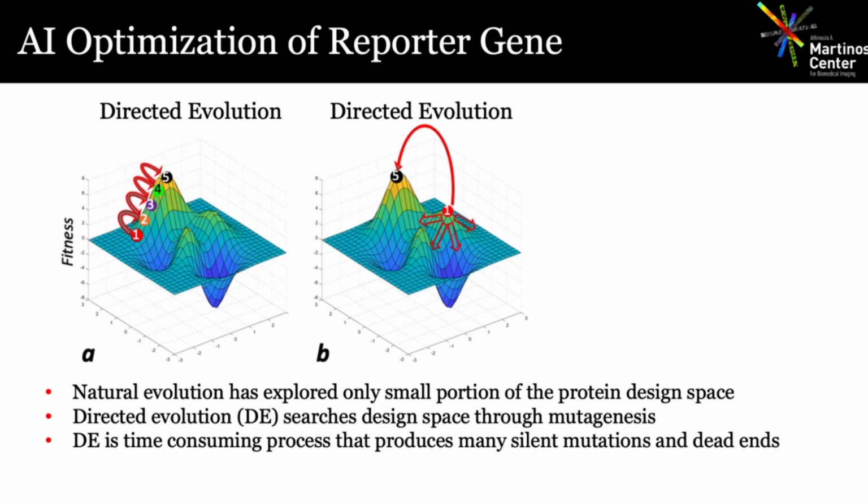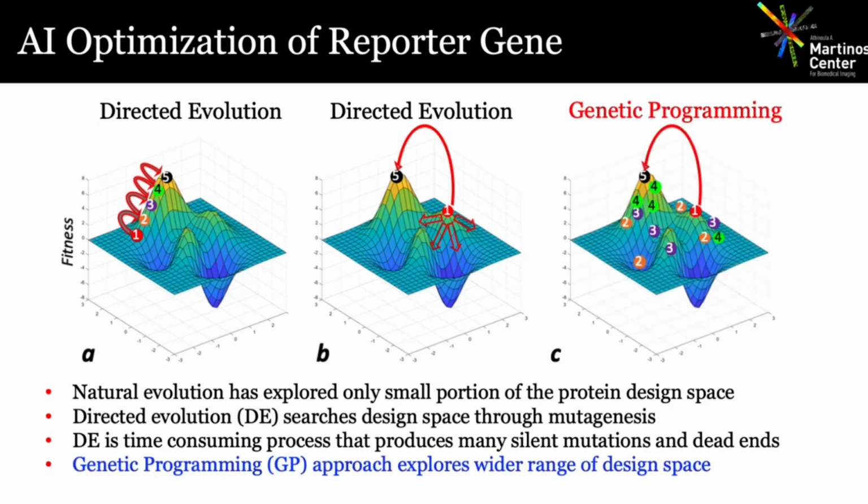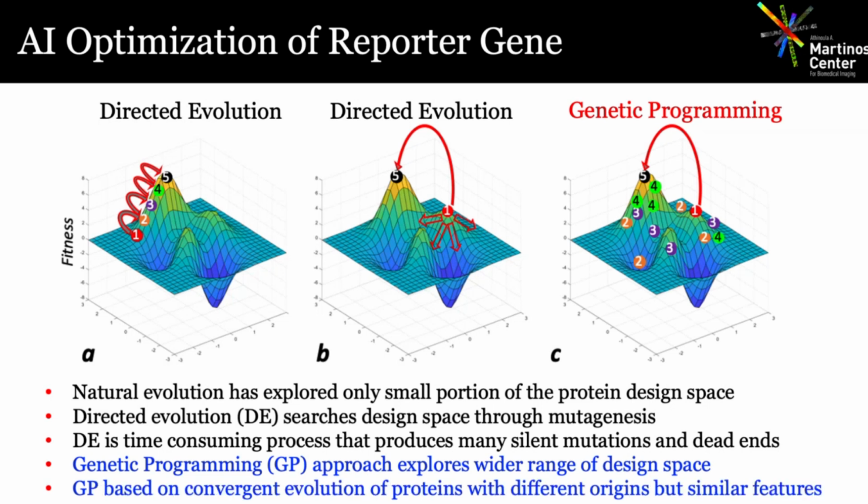Basically, it's the problem that if this is your global maximum, your best protein, and you start here, okay, maybe you'll find it. But if you start here, then you can get trapped in some local maxima, and it can be difficult to find that one. So the approach was to use a genetic programming approach where you sample the whole protein design space, and then you rely on convergent evolution of proteins with different origins but similar features, where after many evolutions, you start converging on that global maximum.